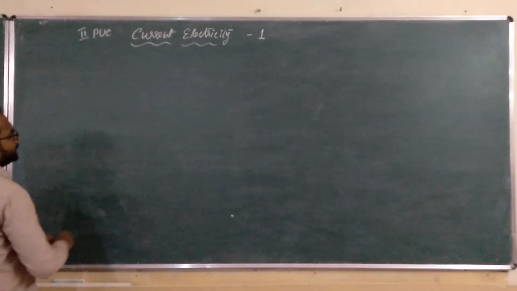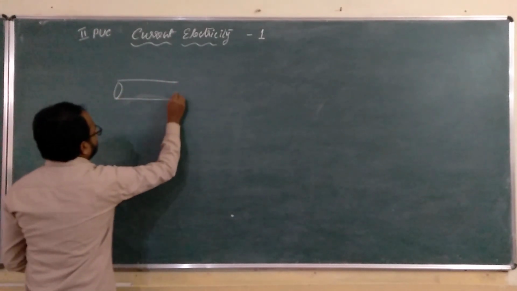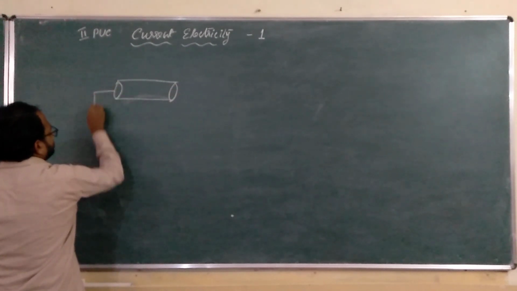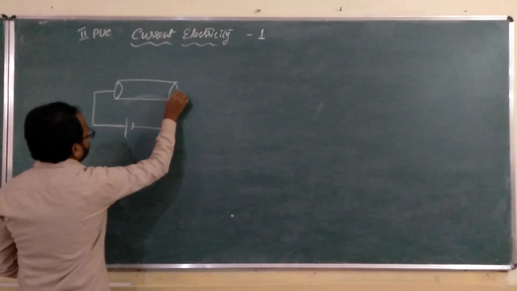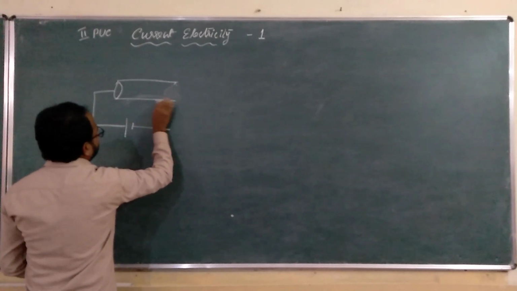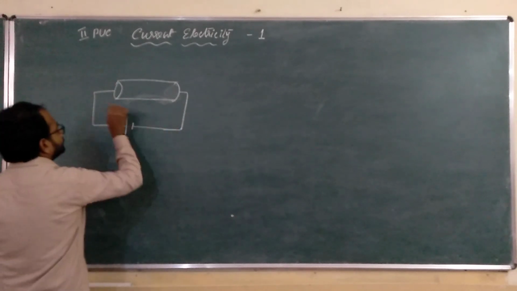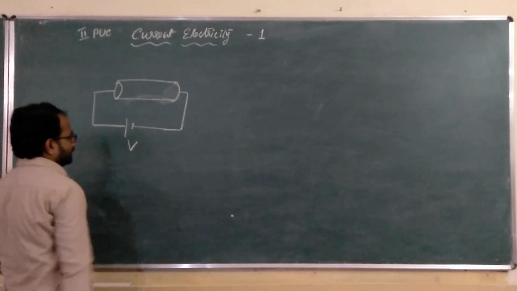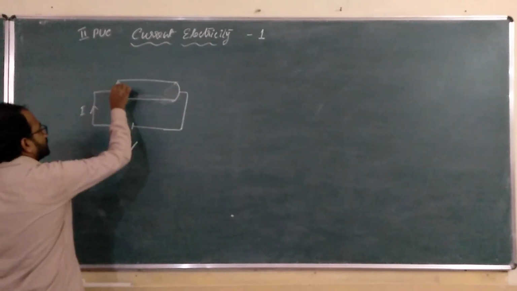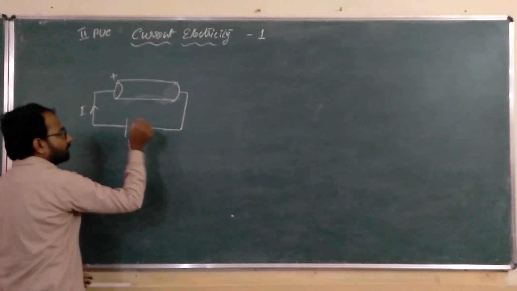If a conductor is connected to a battery or a cell, or a potential difference is applied, then what happens? The potential difference is V, the current flowing is now I. Say this end is at positive potential because it is connected to the positive terminal of the cell.